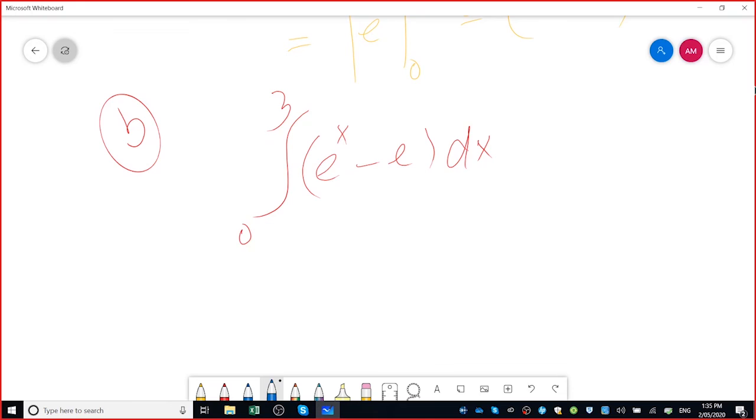So yeah, I think I got the right answer. Okay. How to proceed? So first you antiderive them. So what should I write here? So e of x is minus e x.